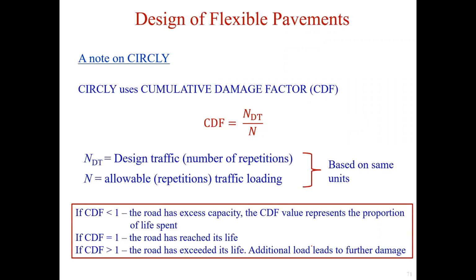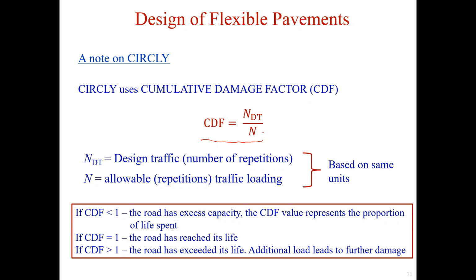For the CIRCLY software, it uses the cumulative damage factor, the CDF, which is the ratio of design traffic and allowable traffic loading. They have to maintain the same units to work out CDF. If the CDF is less than 1, then the road is safe with excess capacity and the CDF represents the ratio of lifespan.